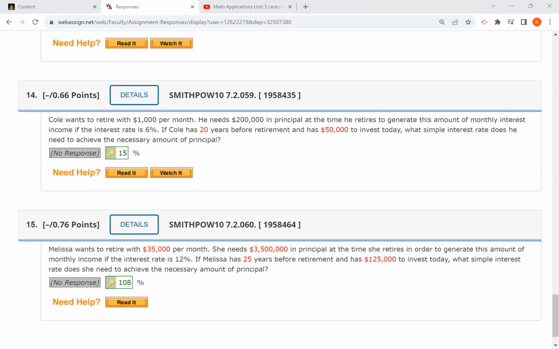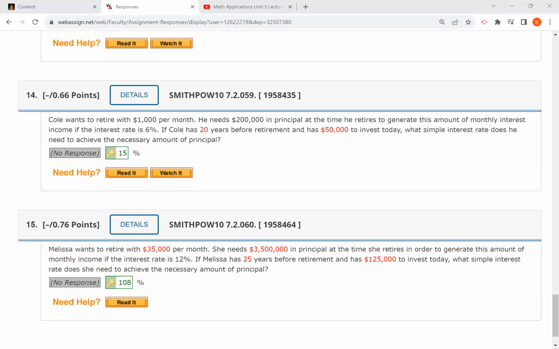So that means he's not going to have it right now. We're going to have to generate that. And to do that, the interest rate at that time with the $200,000 to make $1,000 per month in the future is 6%. Cole has 20 years to do this, and today he has the $50,000. So what simple interest rate does he need to achieve this?